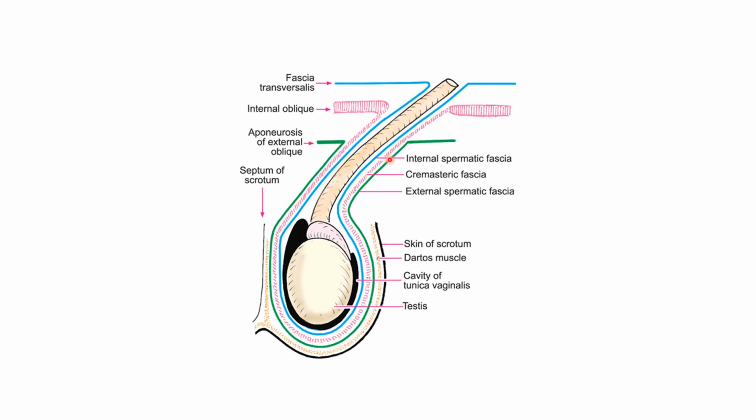So the three concentric layers encircling the spermatic cord from inside to outside are the internal spermatic fascia derived from the fascia transversalis, the cremasteric fascia derived from the internal oblique muscle, and the external spermatic fascia derived from the aponeurosis of the external oblique muscle.